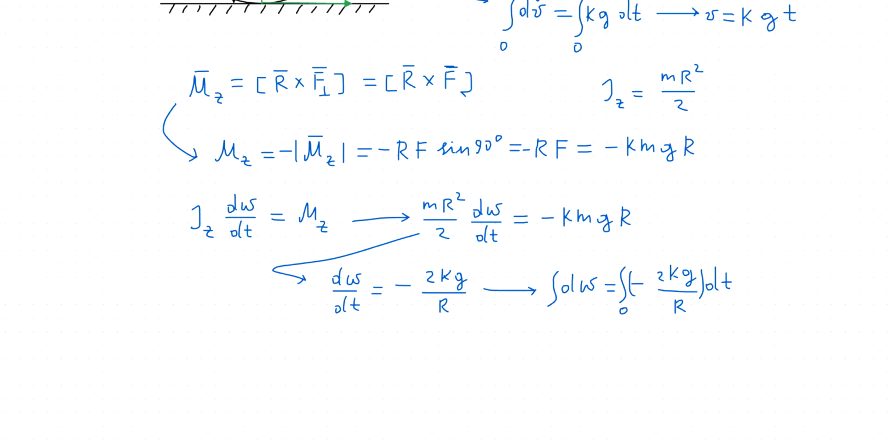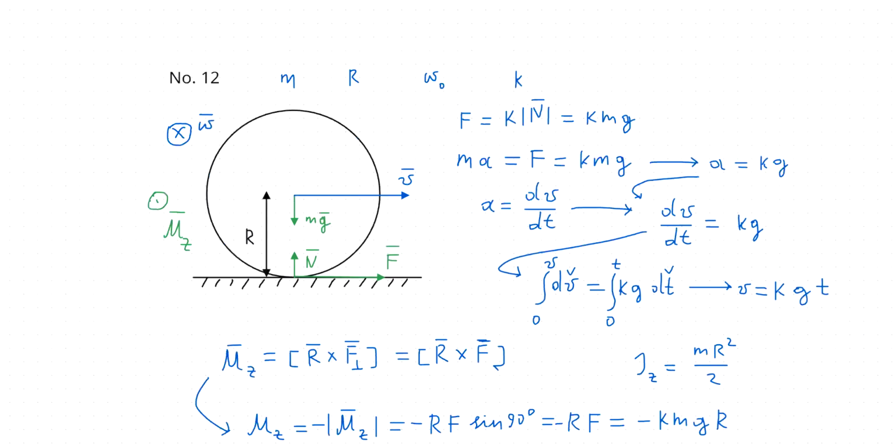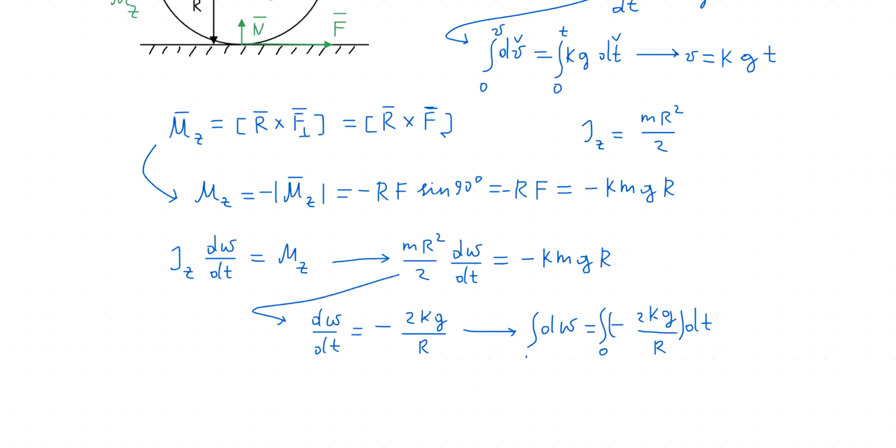It must also start from 0. But according to the condition, we have omega 0, because this is the initial angular velocity. Omega 0. And what about the upper limits?